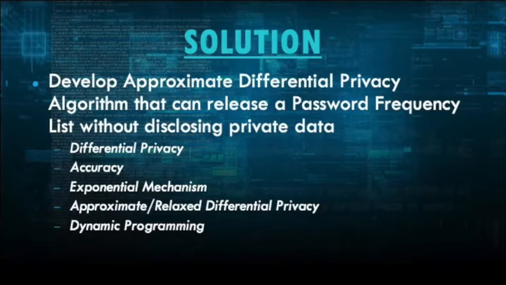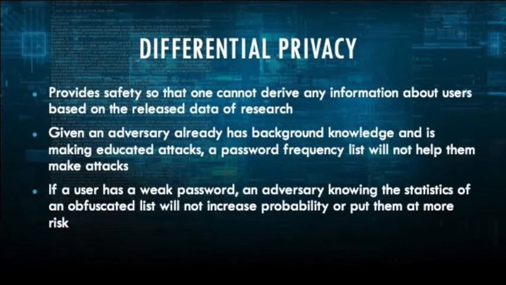As we saw earlier, differential privacy is very important and provides safety so that one cannot derive any information about a user based on the released data of the research. Unlike in k-anonymity or l-diversity, differential privacy will obfuscate the data in a way that will not benefit an adversary if they were to get a hold of it.